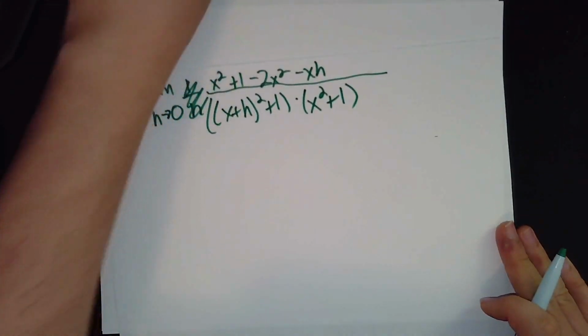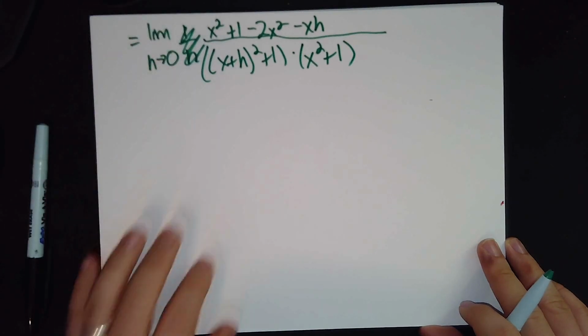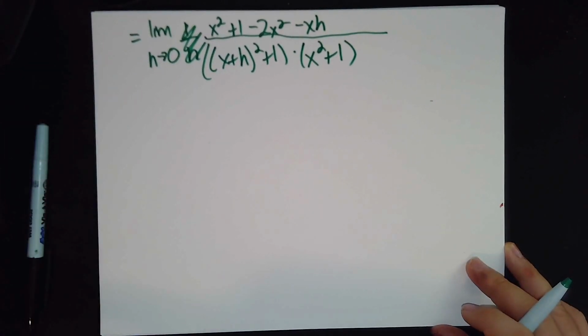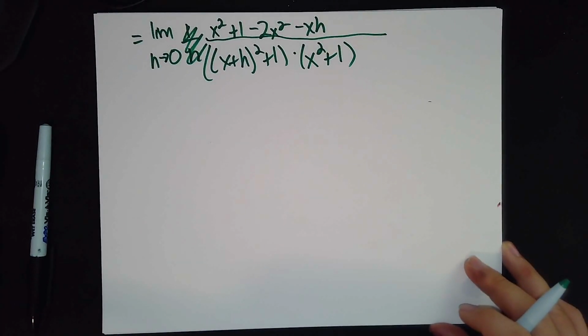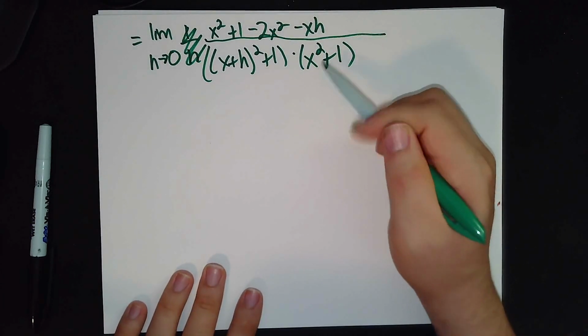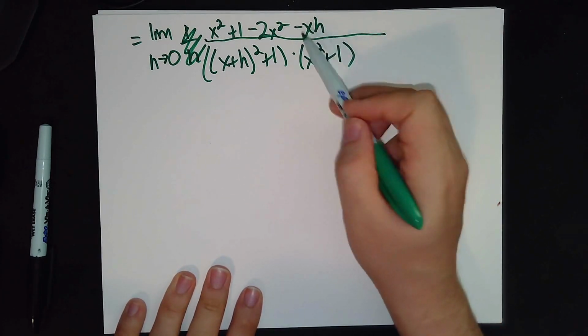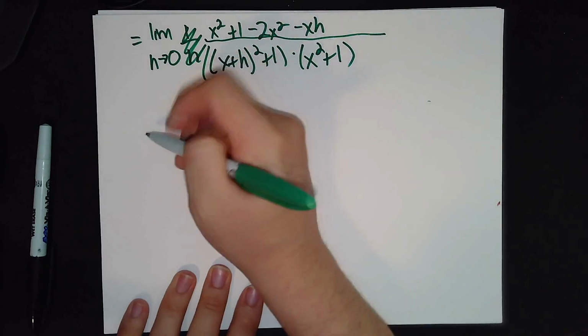Okay, and now I'm going to take care of the limit as h goes to 0 part. Looking at that to make sure you can still see it. I think if I click the button, it'll look a little better. There we go. So now when I take the limit as h goes to 0, it's going to make this piece in the numerator disappear, and it's going to simplify this piece down here.